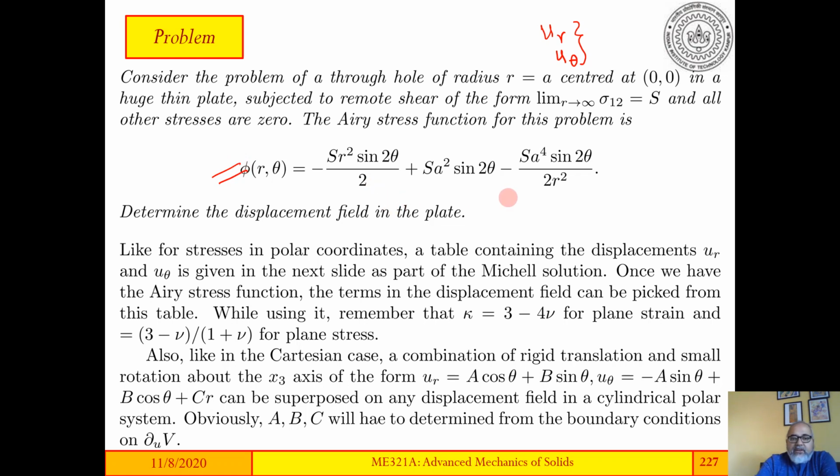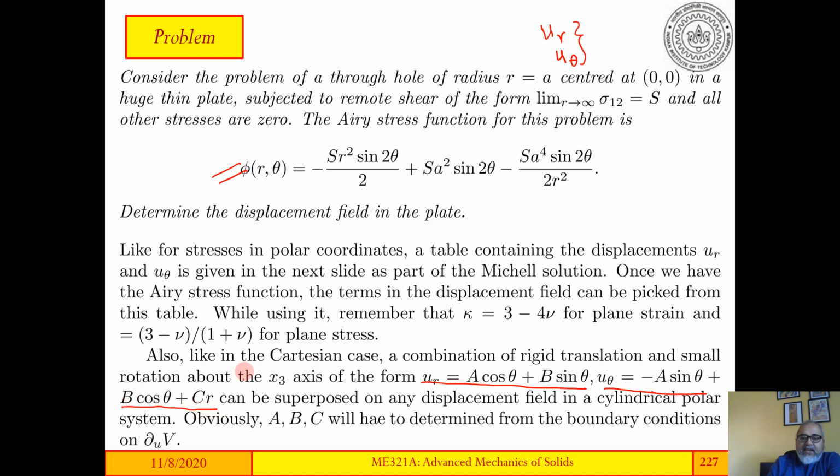Now, when we do it in cylindrical polar coordinate systems, we have to remember that all displacements that we determine are undefined up to a rigid body translation in x, a rigid body translation in y, and a rigid body rotation about the z-axis, the x3 axis, which will mean that u_r is of this form where a and b are constants, and u_theta of this form where again a, b and c are constants.